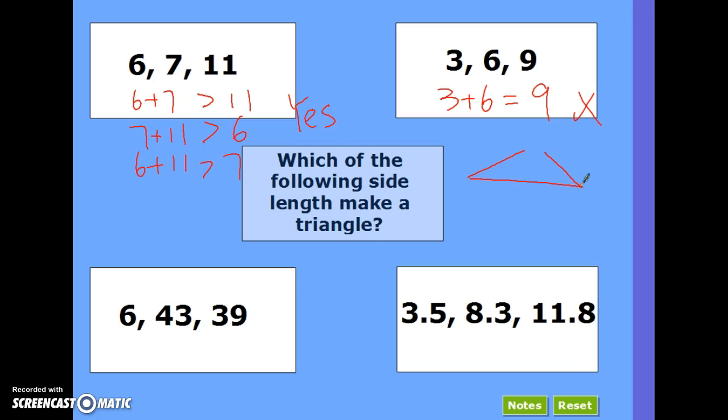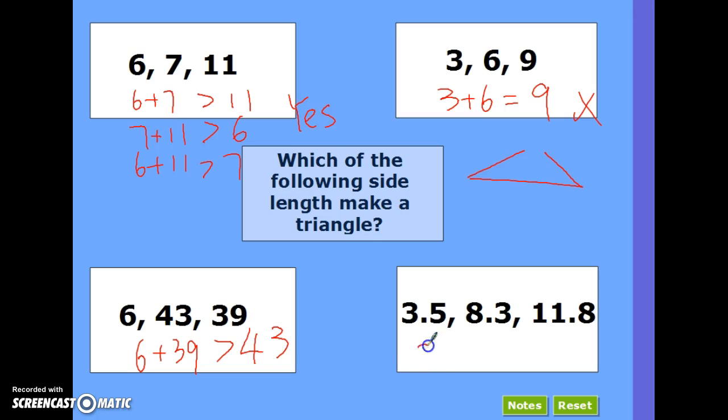Okay. So you can try the last two examples on your own, see if you can get it right. Okay, and the third one, there's 6, 43, and 39. So 6 plus 39 is greater than 43. So that should be yes. Okay, 6 plus 43 is, of course, bigger than 39. And then last example, there's 3.5, 8.3, 11.8.